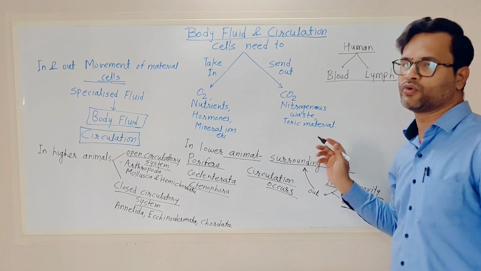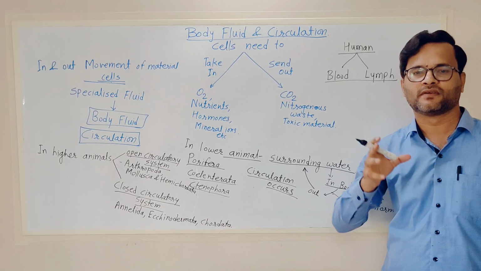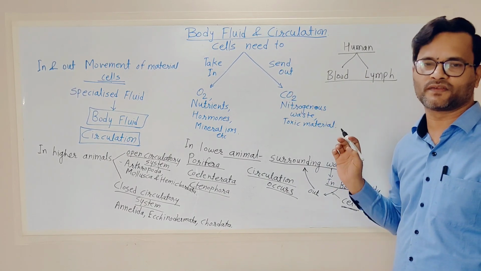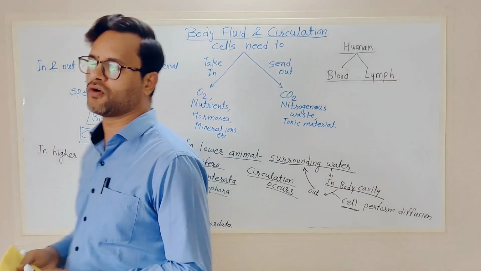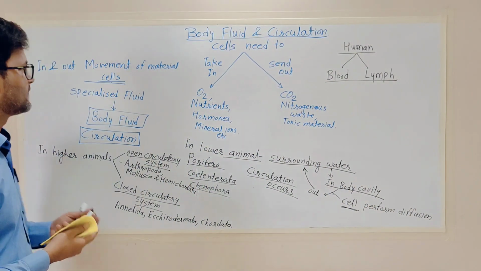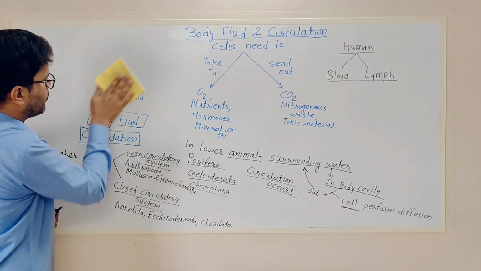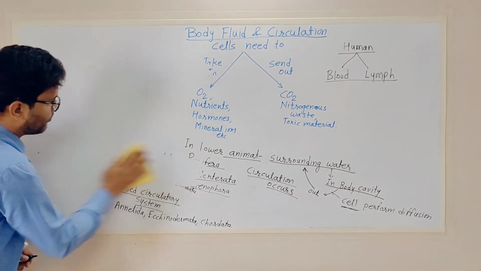Clear? So we have two types of fluid. As per these, we have two circulatory systems. So the human circulatory system consists of two types of circulatory system, which we will discuss now. The human circulatory system has two types of body fluid.